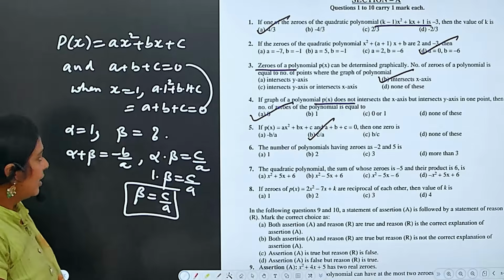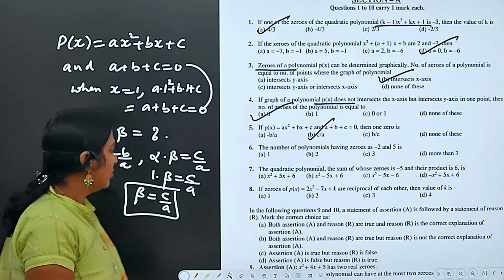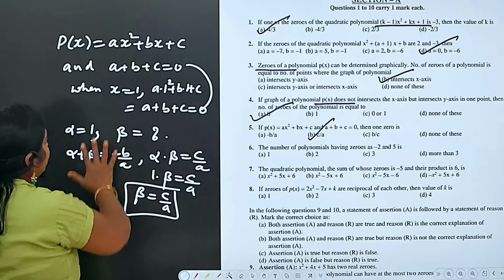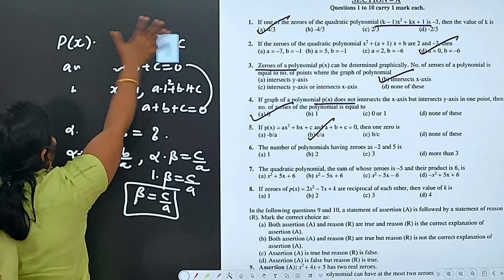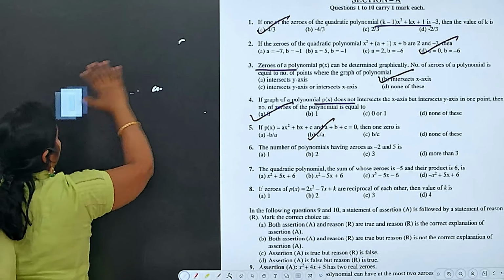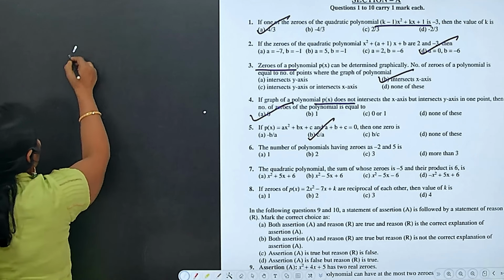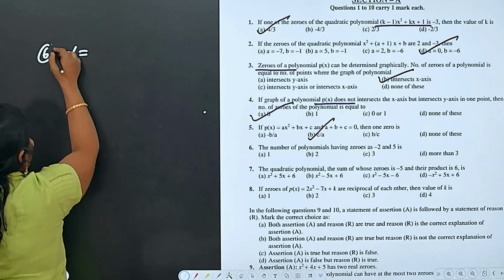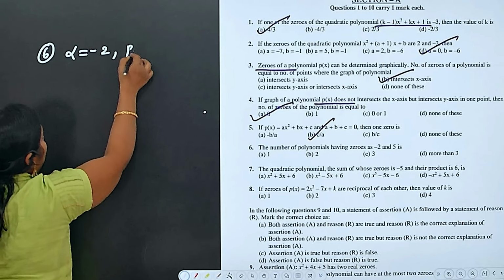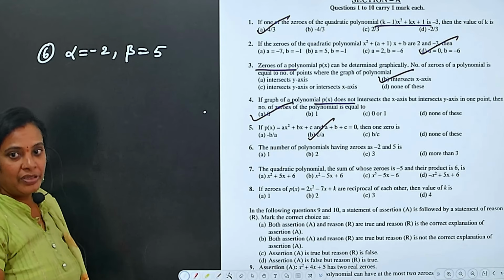ఓకే, నెక్స్ట్ 6th క్వశ్చన్. ద నెంబర్ ఆఫ్ పాలినామియల్స్ హ్యావింగ్ జీరోస్ మీన్స్ in 6th question alpha equal to minus 2, beta equal to 5. Okay, what is the polynomial equation?